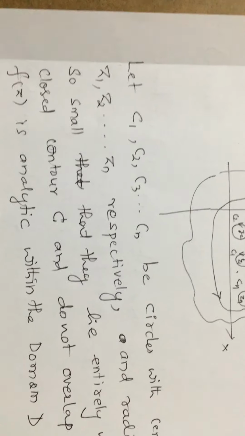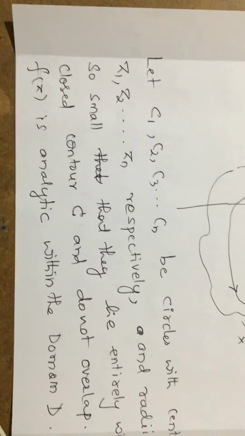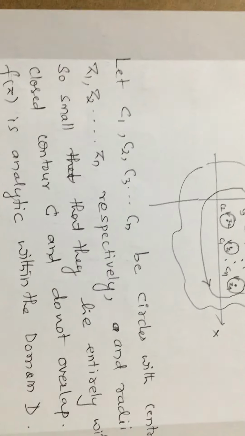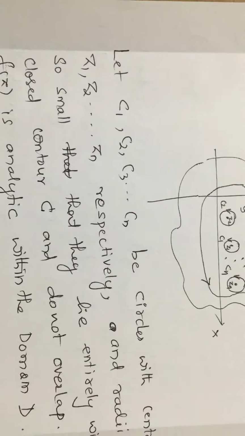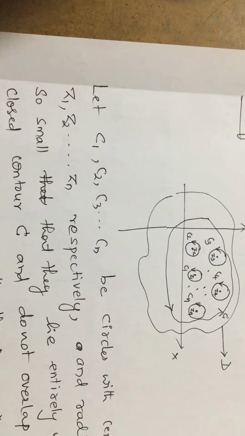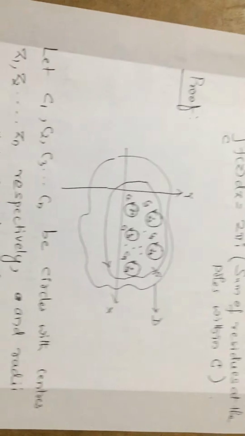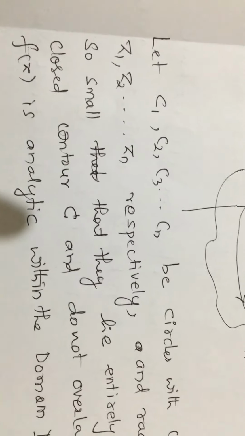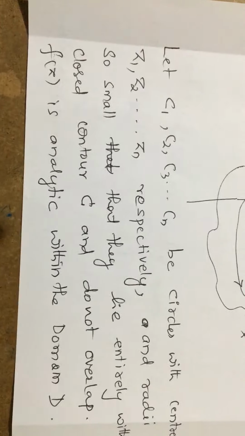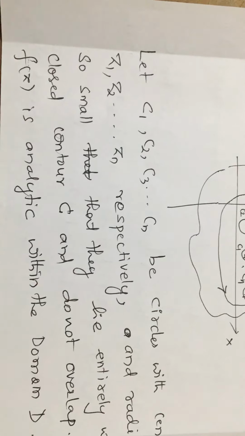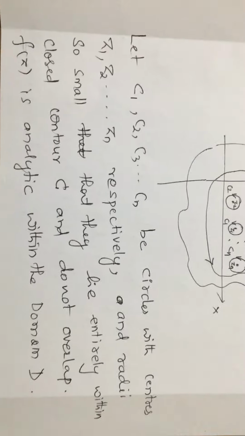That is, C1 is a circle with center z1, C2 is a circle with center z2, and Cn is the nth circle with center zn, which are enclosed by the curve or contour C and the domain D. Now, these all lie inside the contour C and they don't overlap each other. f(z) is given to be analytic within this domain D. In the statement, it is only given that f(z) is analytic in the domain D.